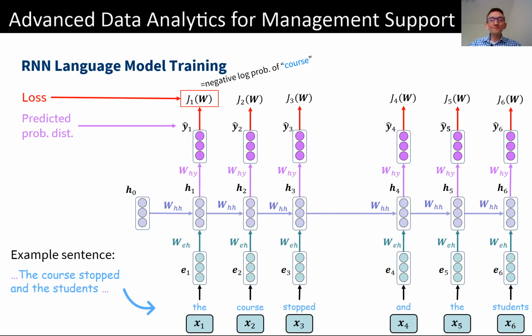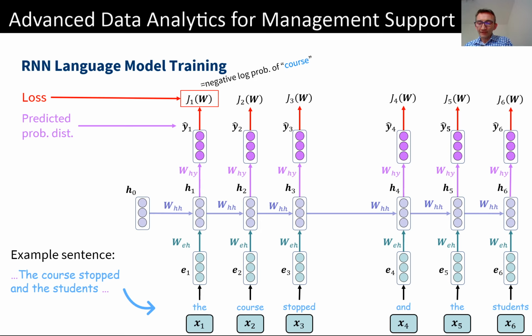And if we assume that our target labels, the actual labels, our y, are words one-hot encoded, we basically compare our output ŷ1 to a one-hot encoded vector that is all 0 but for one place, and this one place is the place in our output vector associated with the word course, because course is the next word in our sequence.